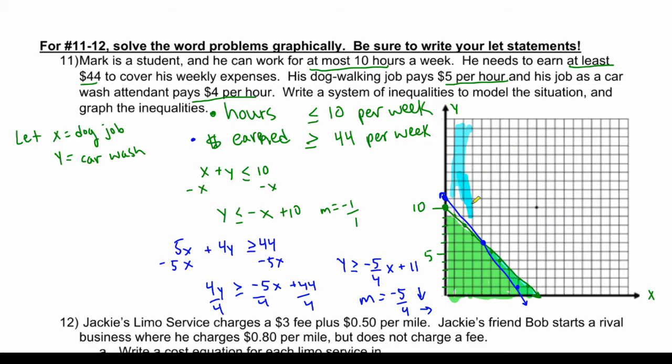It doesn't really shade well, the blue and the green together, so we'll color that with a different color. In our overlapping region, it's going to be right here. So there's our little solution space.